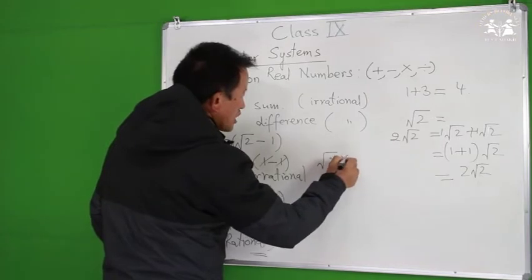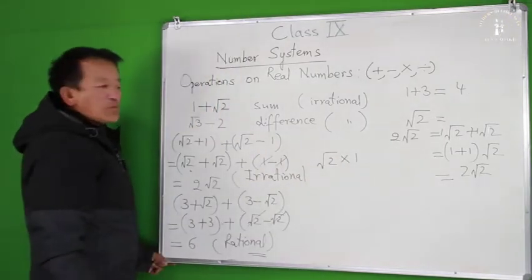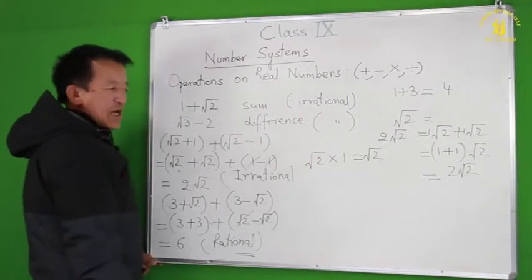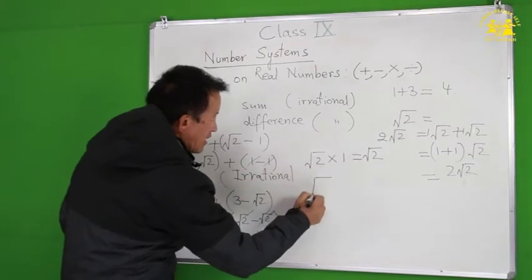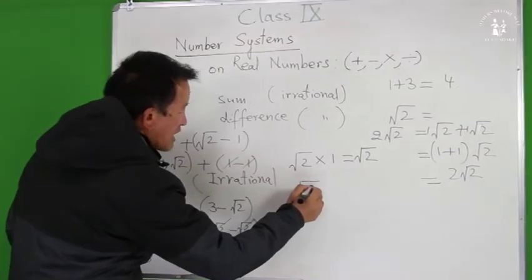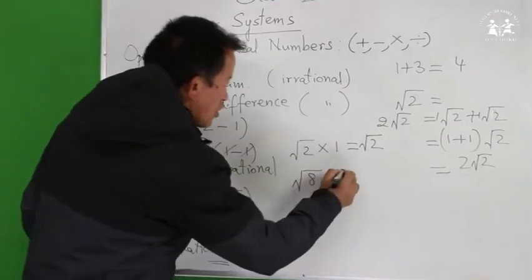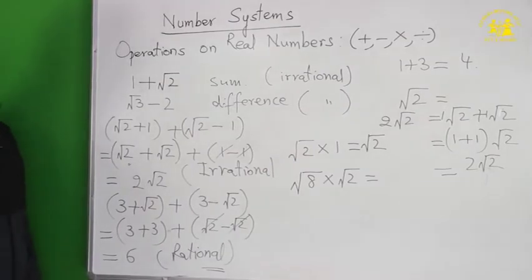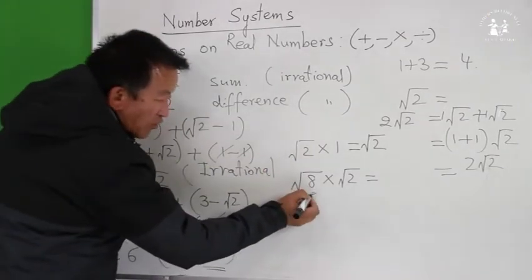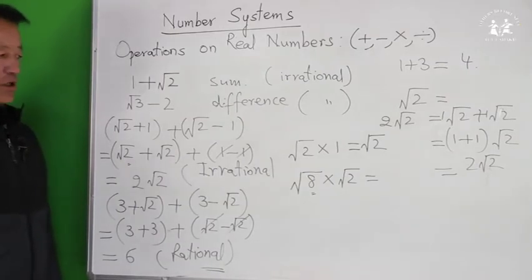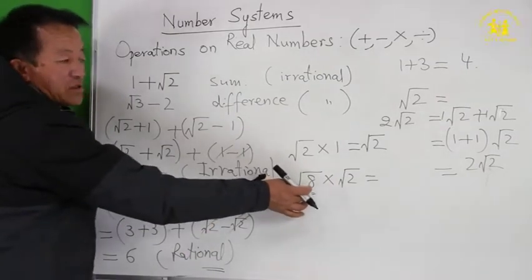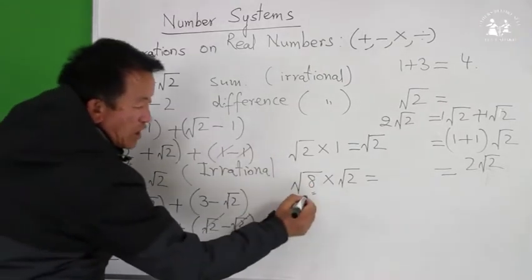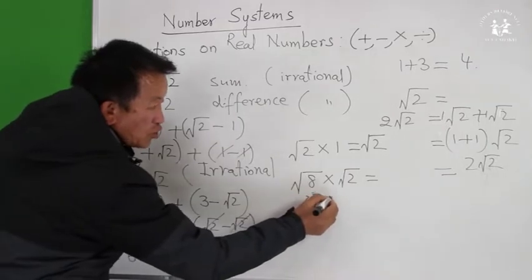Square root of 2 into 1, then square root of 2. Take square root of 8 into square root of 2. Square root of 8 we can factorize: 8 is equal to 2 into 2 into 2.